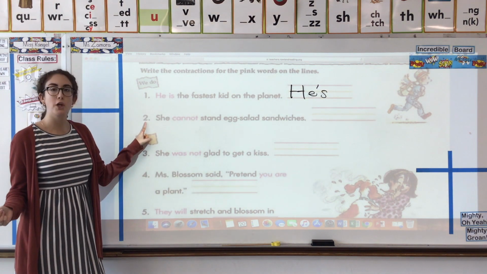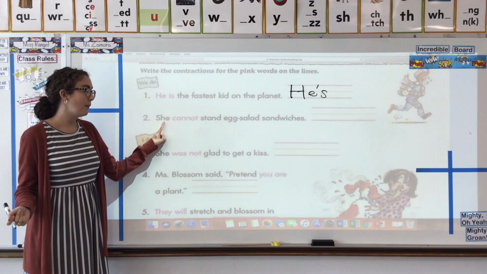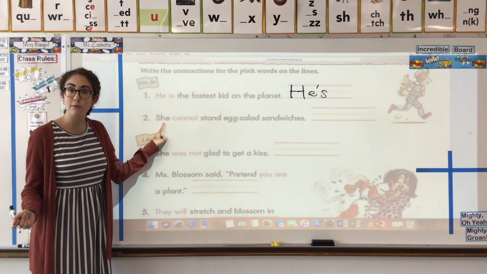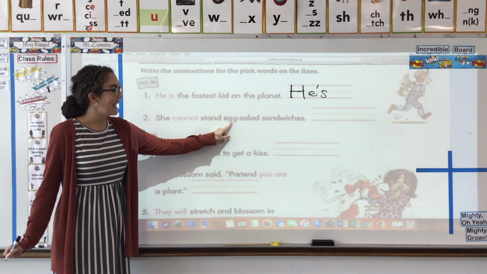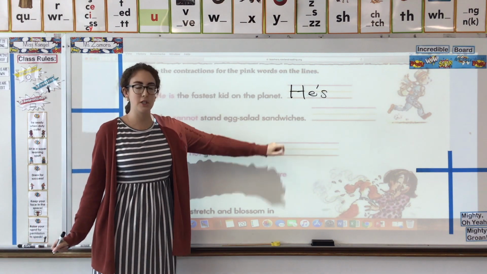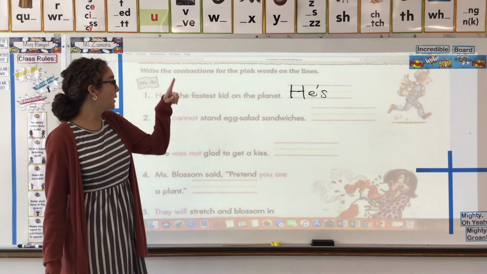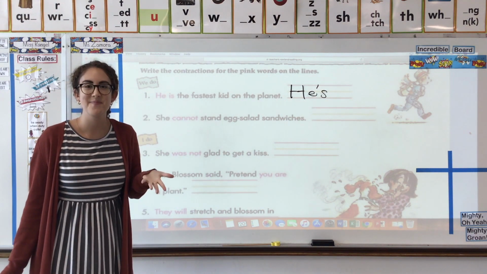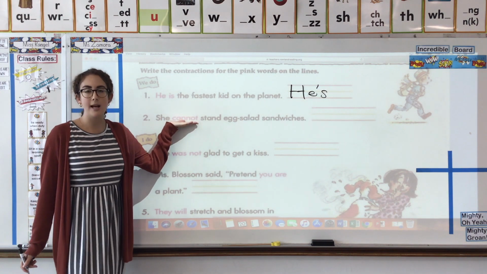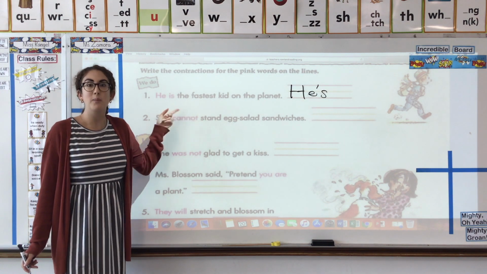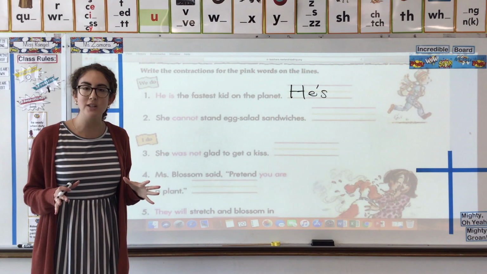Let's look at number two. I want you to follow along with your finger as I read. She cannot stand egg salad sandwiches. So what word is in pink? Cannot is in pink. So remember, this is one of the tricky ones we just looked at.